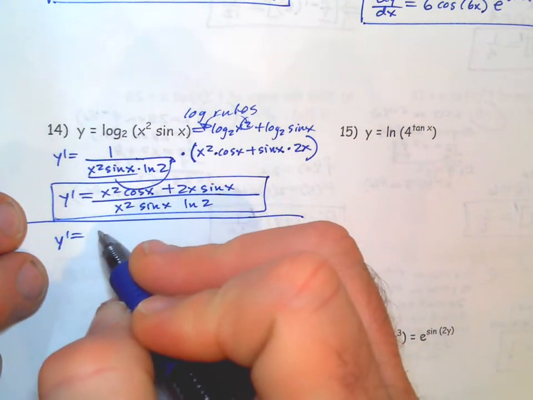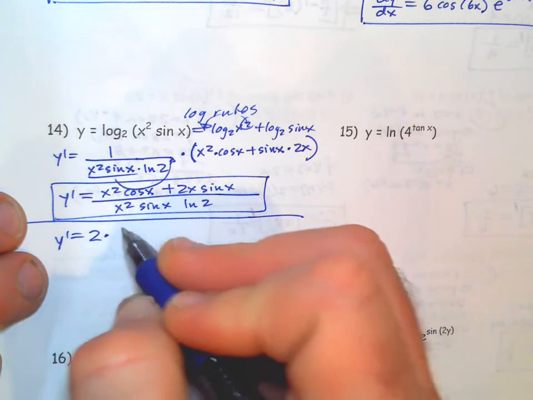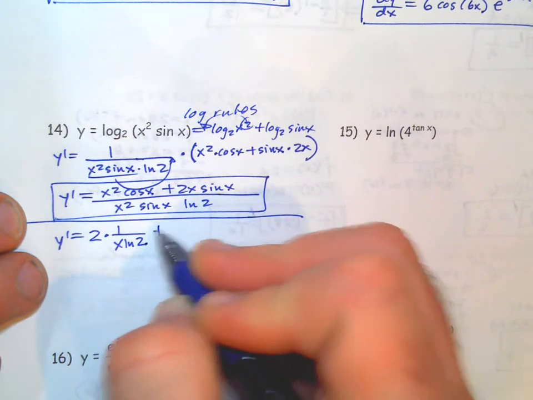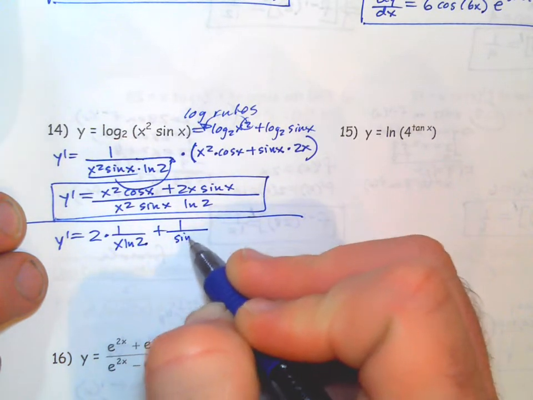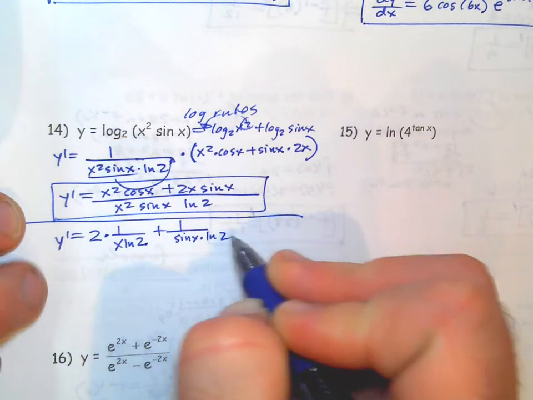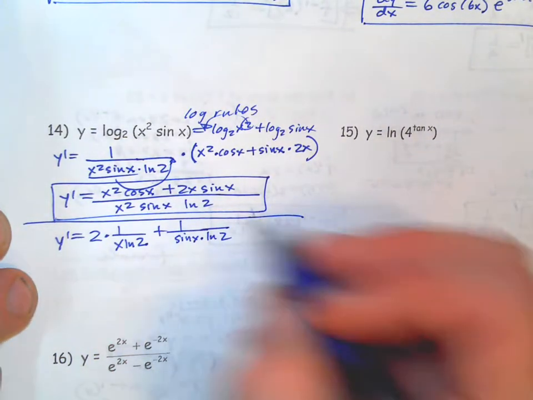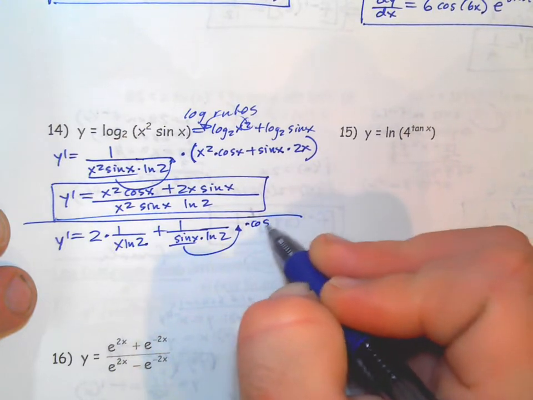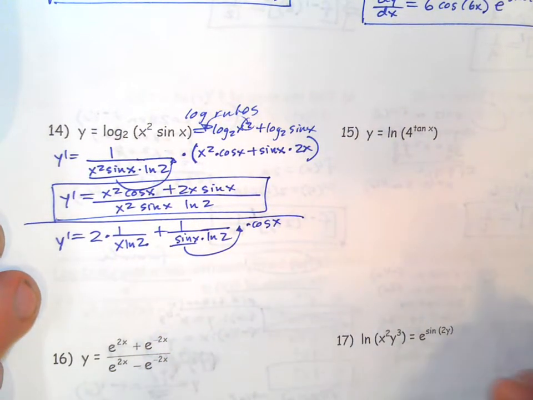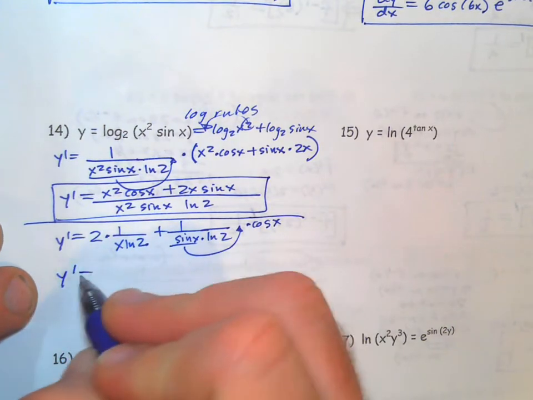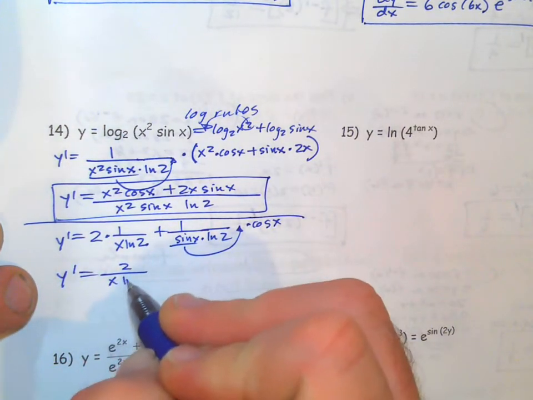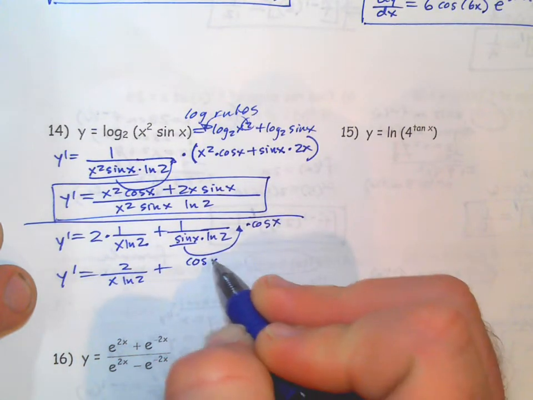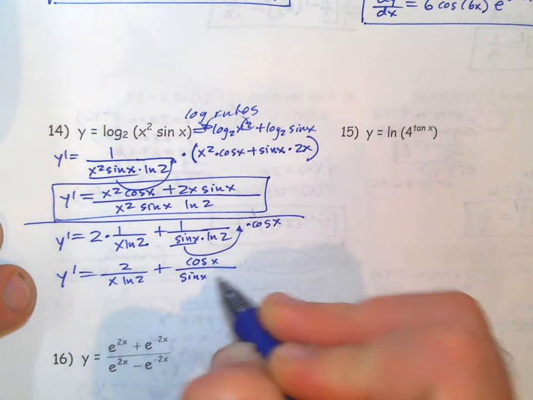So that would be 2 times 1 over x natural log of the base plus 1 over sine x natural log of the base. Oh, wait, times derivative of what's inside, cosine x. That's it. So 2 over x natural log of 2 plus cosine of x over sine x natural log of 2.